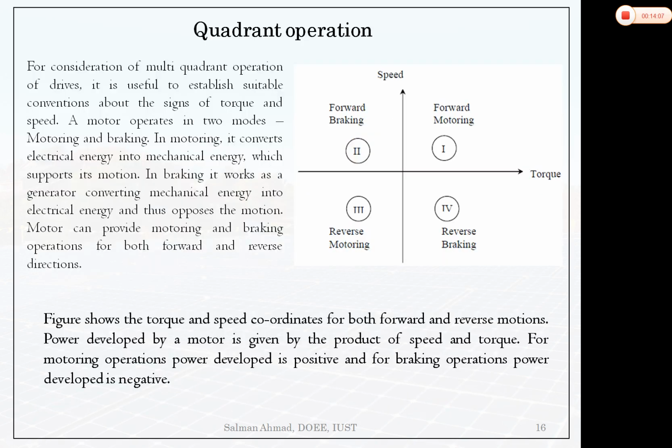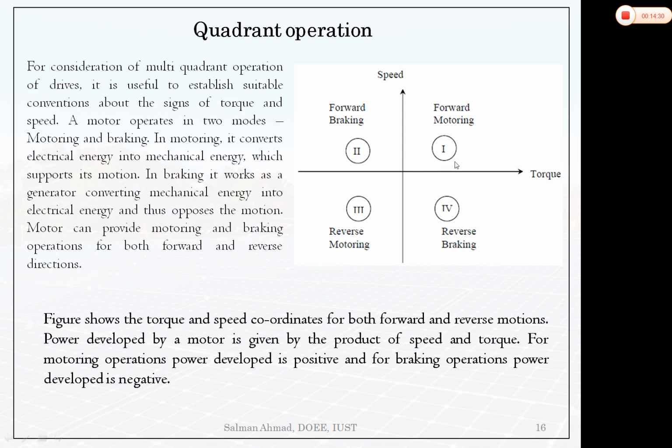Now I'll come to the quadrant operation. As I said, speed we always consider on the y-axis, while torque we consider on the x-axis. Here speed is positive and torque is positive. The product of speed and torque will be the power, so power is positive in this case.